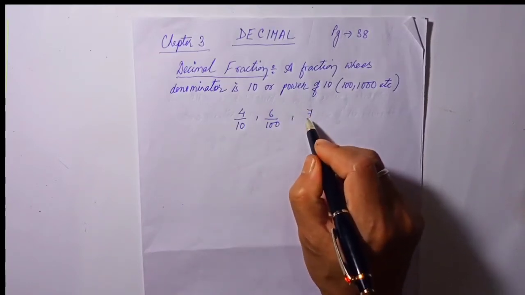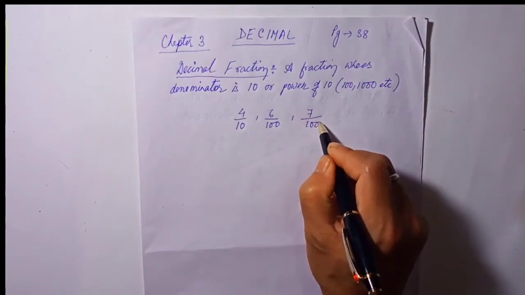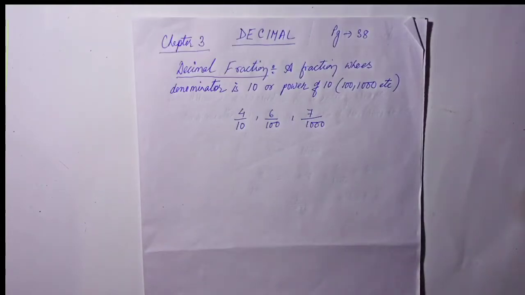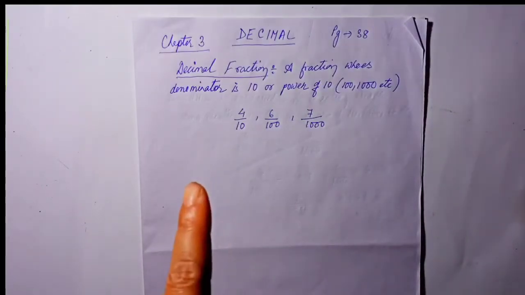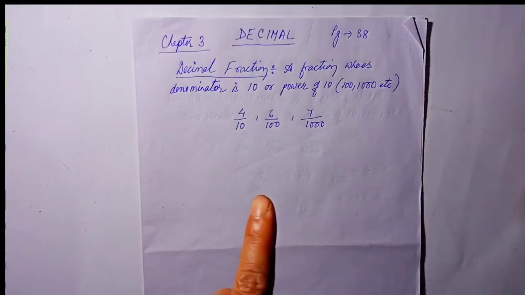It can be 7 by 1000. Like that. So the three numbers I put, 4 by 10, 6 by 100, 7 by 1000, can be termed as decimal fractions.